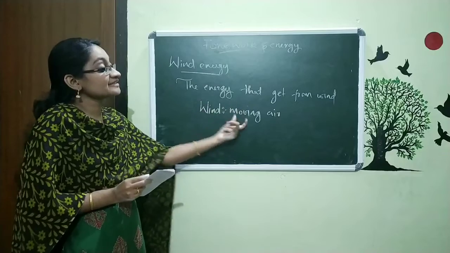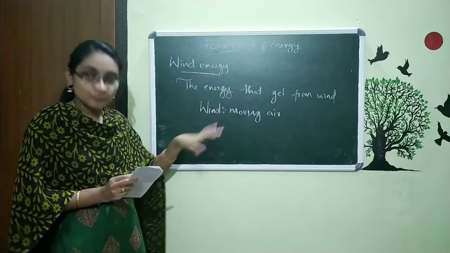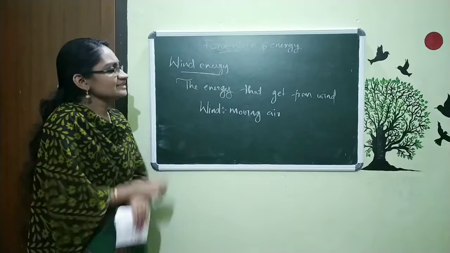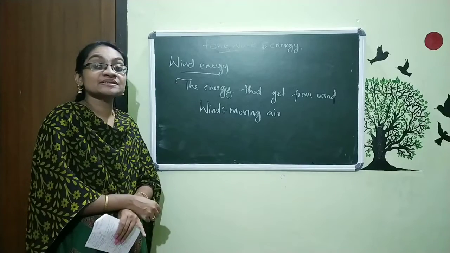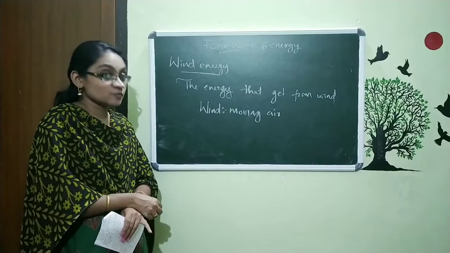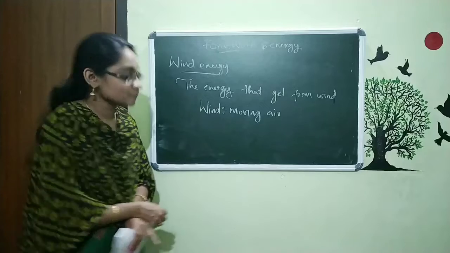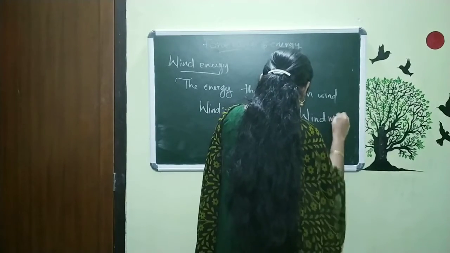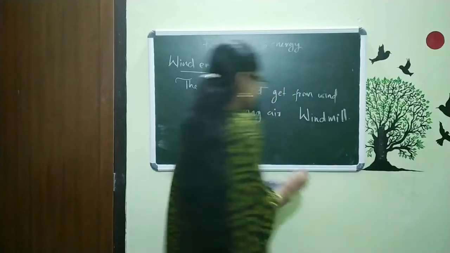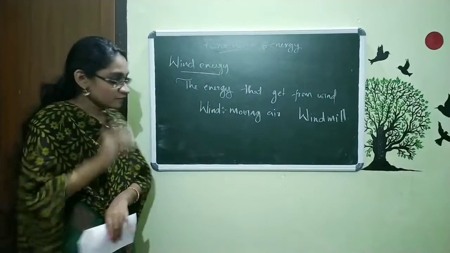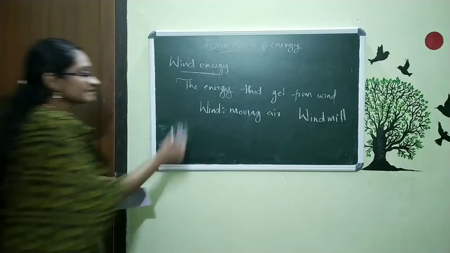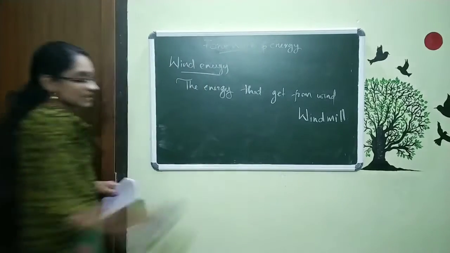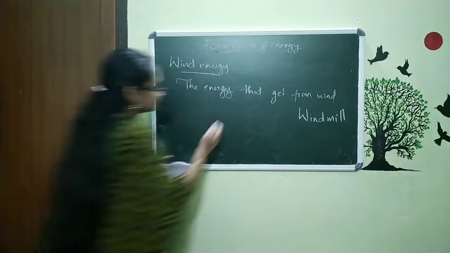Here we are utilizing this moving air to produce energy. And where are we using this wind energy? We are using this wind energy in windmill. And what is this windmill? Windmill is something, you can see the diagram in your textbook, and it is something like this.